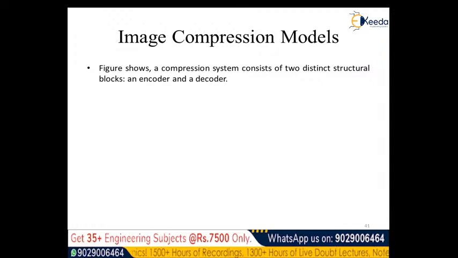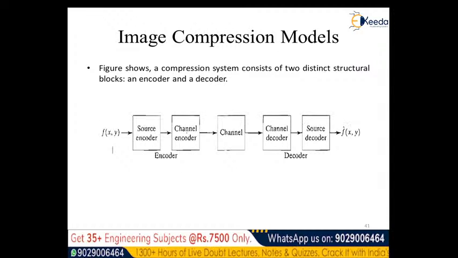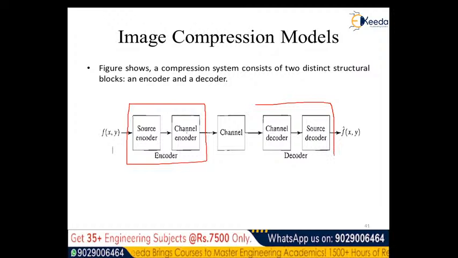Let us have a figure that shows the compression system that consists of two distinct structural blocks, encoder and decoder, and this is a very important and simple, straightforward image compression model. Now you see here we are talking about two blocks. The first block is the encoder, and the second block is the decoder.